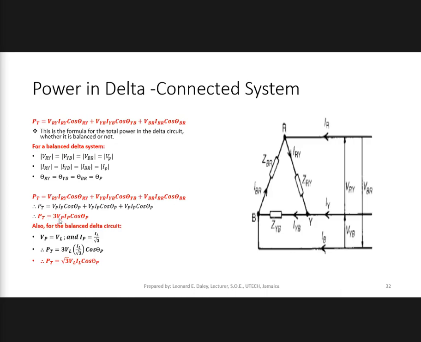This value here, 3 VP IP, is what is called the apparent power. The 3 VP IP, or root 3 VL IL, is the apparent power of the system, and PT is the real power. I think I have a power triangle here also. So if you look at this now, you will find that the power factor is also the ratio of the real power to the apparent power.